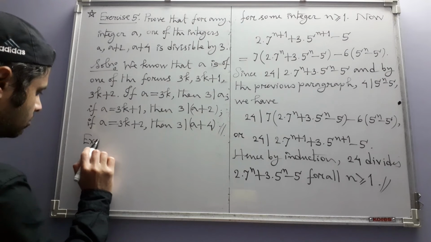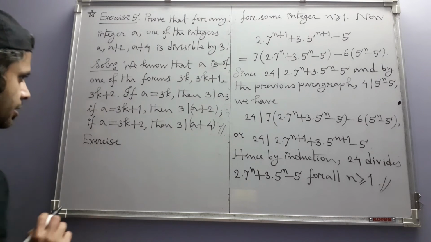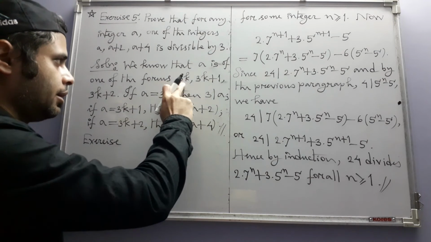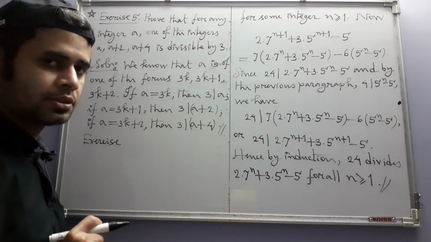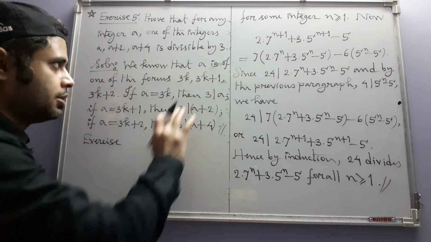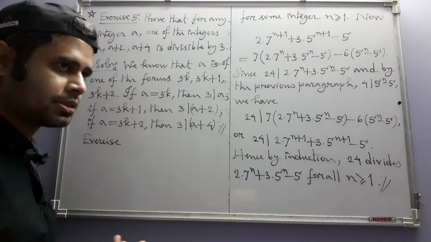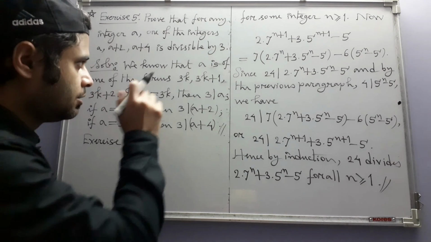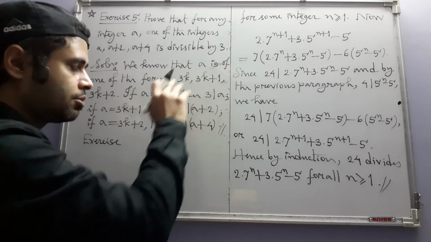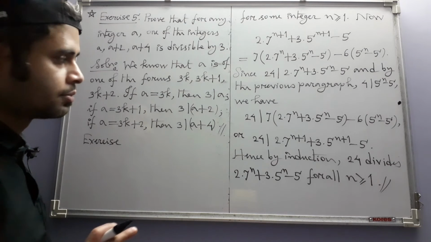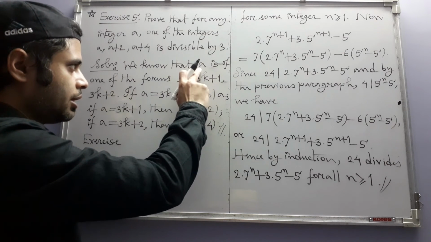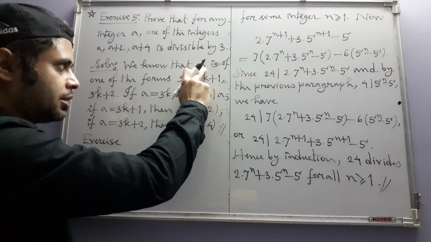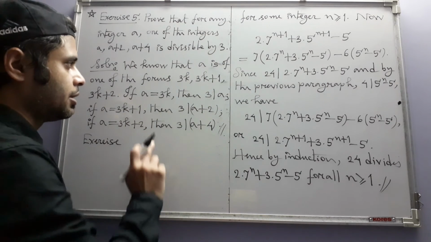And note one more thing, that the fact that a is exactly of one of these forms does not depend on whether a is positive or negative or 0. This fact is about any integer a. The integer that we are dividing by 3, whether it is positive, negative or 0, it does not matter.